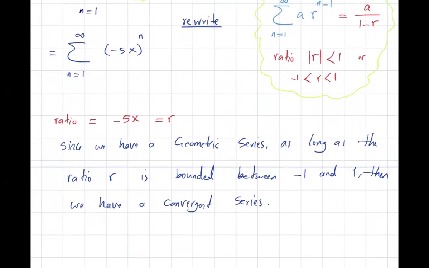So what is my r? My r is equal to -5x. Absolute value of r is equal to absolute value of -5x. It must be less than 1.